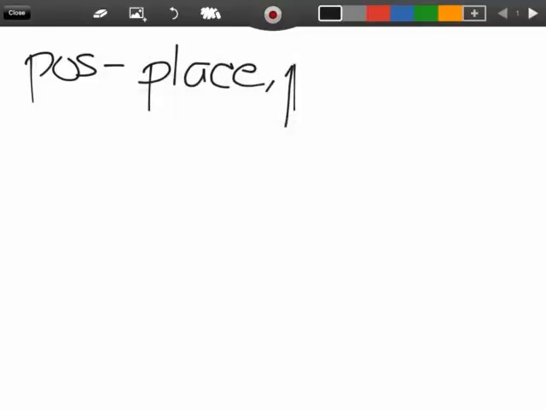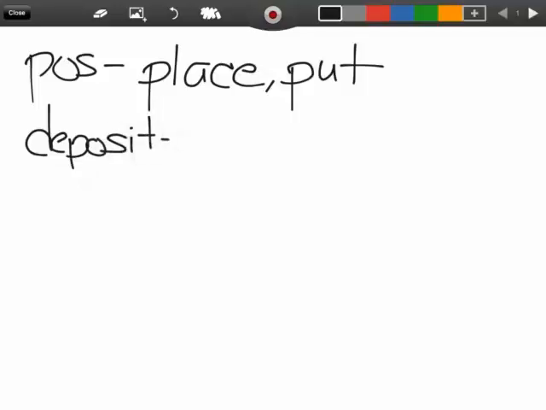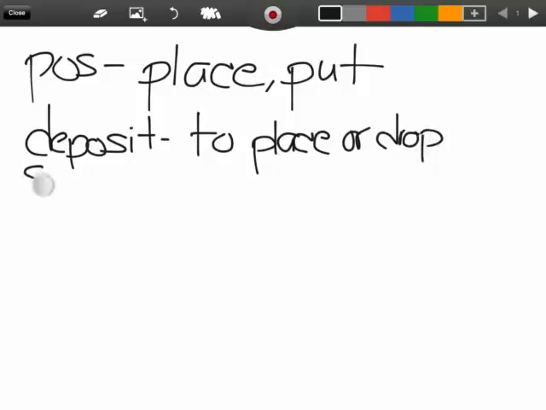Let's get started. Our first root is pose, meaning to place and to put. I'm going to give you two examples here. One of them is deposit, meaning to place or drop something.